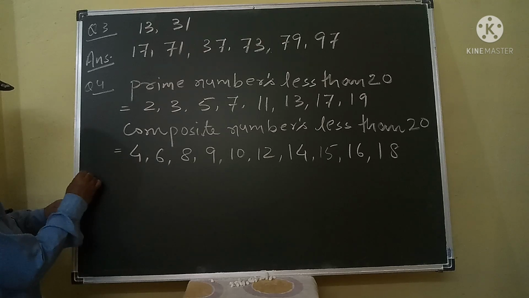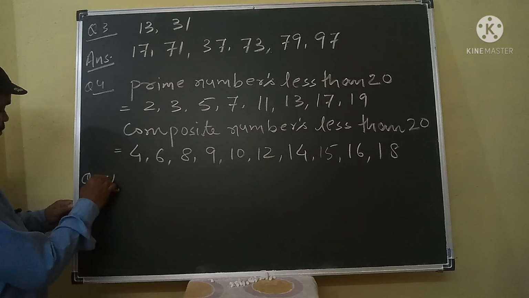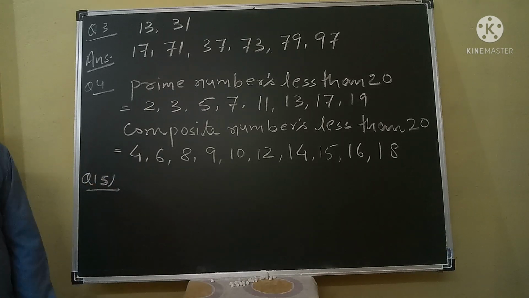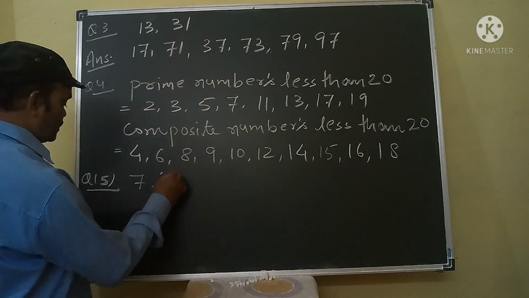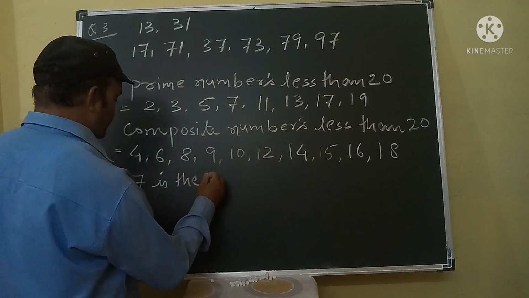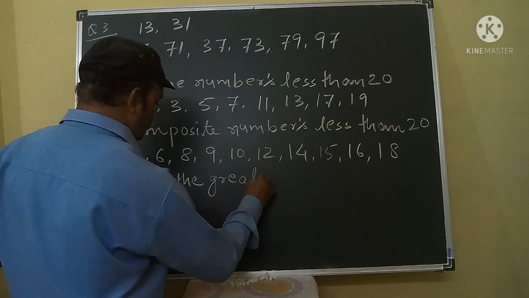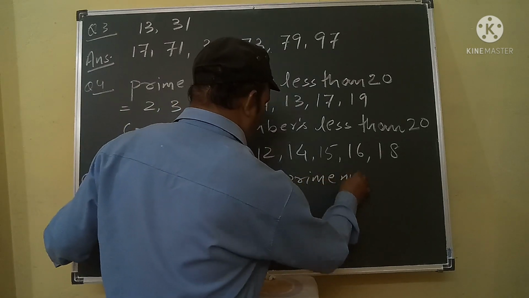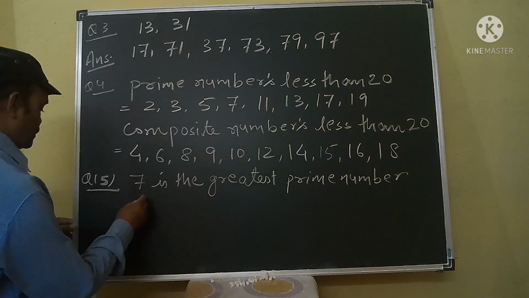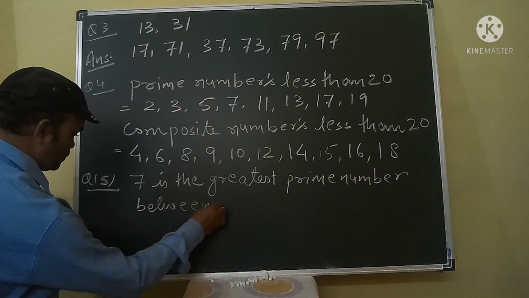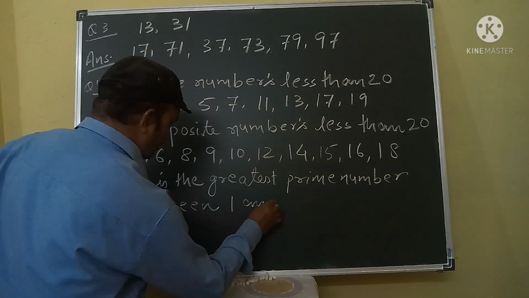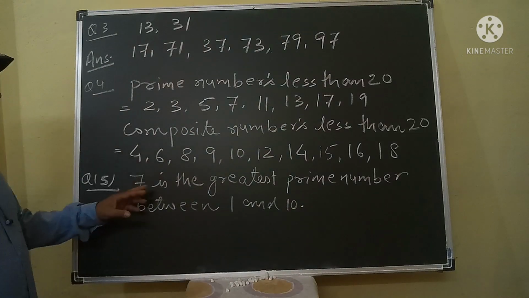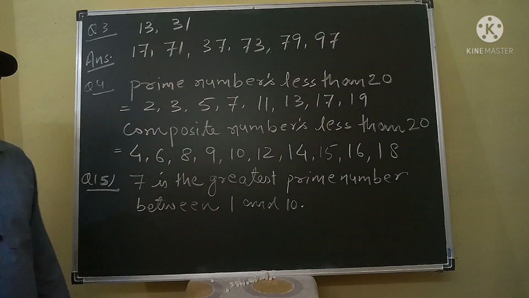My dear student, the answer of question number 5 is 7. 7 is the greatest prime number between 1 and 10.